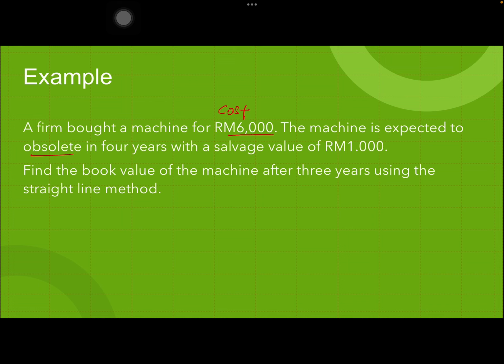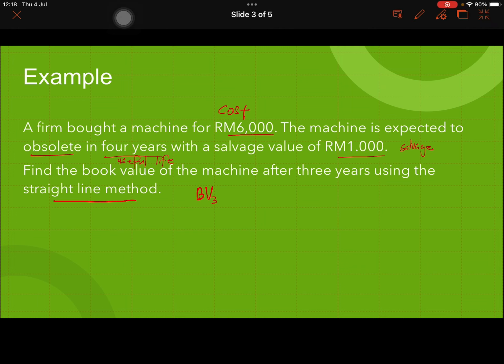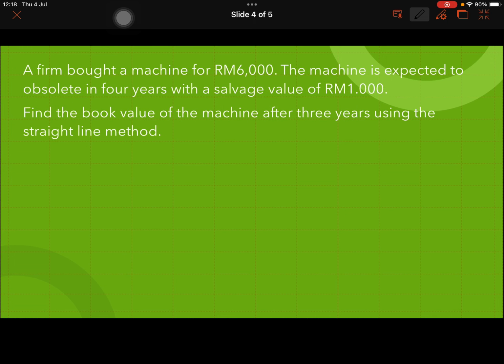This relates to the salvage value just now, as well as the useful life. If it is obsolete in 4 years, this is our useful life. So useful life is equal to 4, and salvage value is 1,000 ringgit. You are looking for the book value at the end of 3 years using the straight line method, which is very straightforward as I mentioned. Now we look at the formula for book value first.